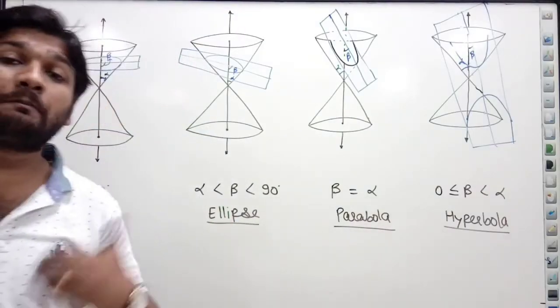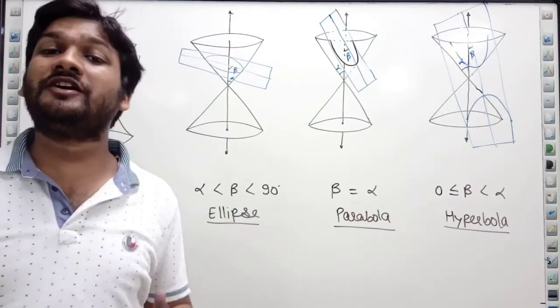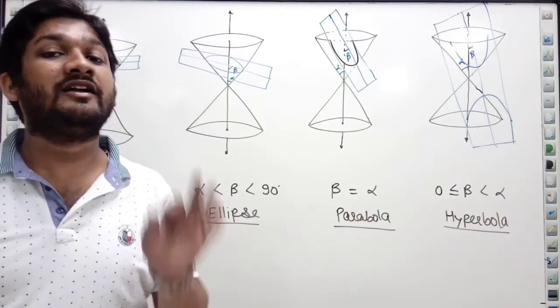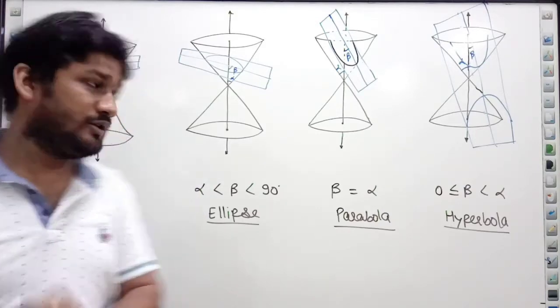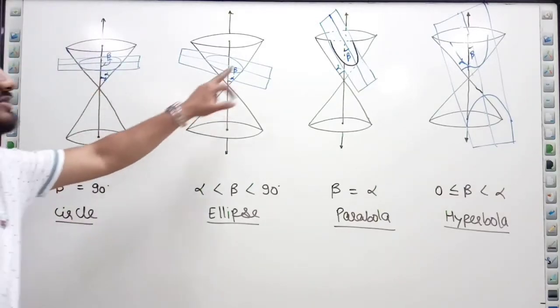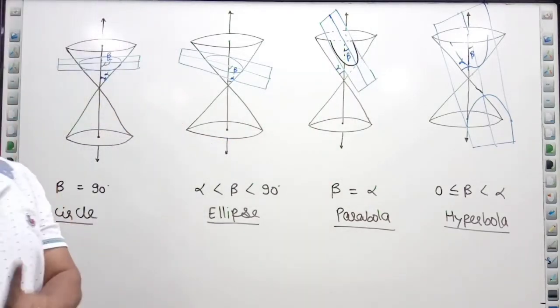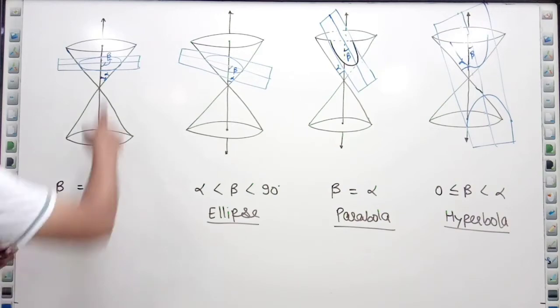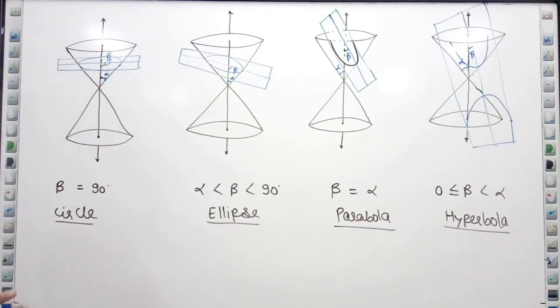Now how the plane should cut the cone so that different sections are obtained, we can understand by observing two angles. One is the angle alpha, that is fixed in a cone. Second is beta. Beta is the angle between the plane and the axis of the cone. Right?